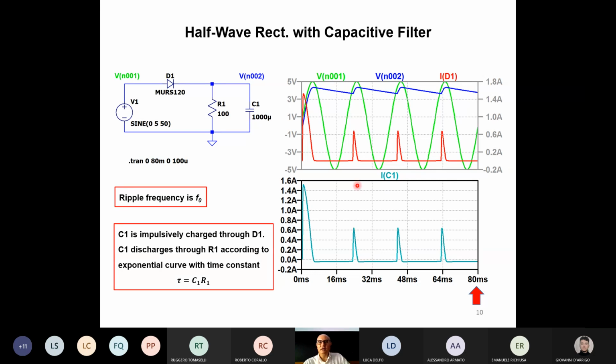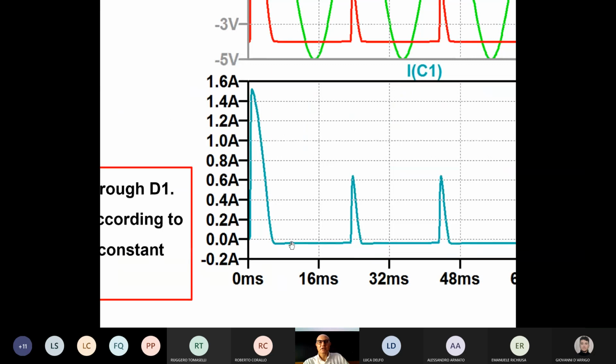The average current to the resistor is much lower. Actually, we can see the current through the resistance. Look at this picture. See that during the discharge, we have this current that is a bit below 0 amps.